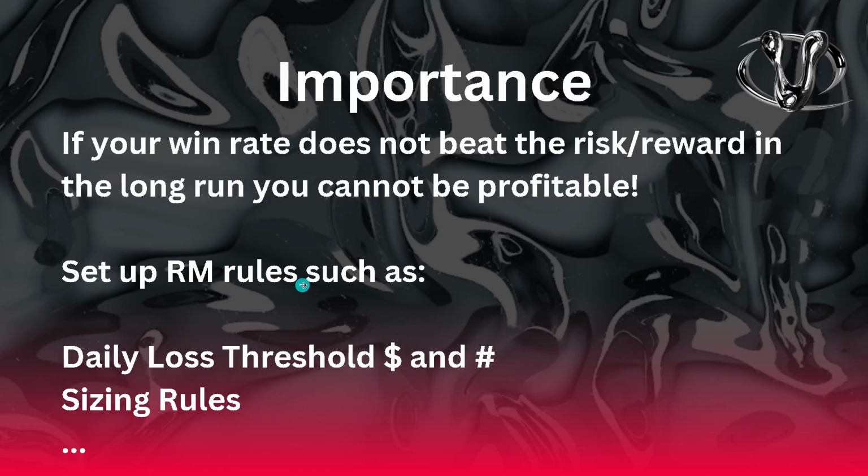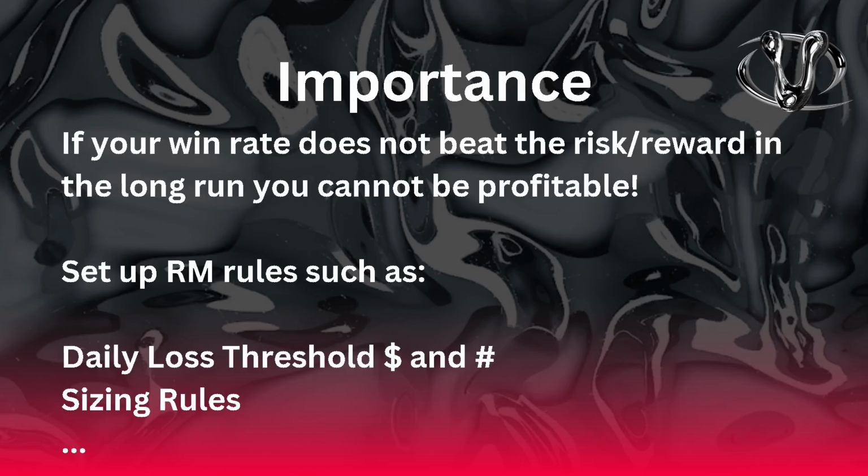Individuals should set up risk management rules such as a daily loss threshold and how many losses they can take before they end the day. To give an example of this, an individual might say they want to end the day once they lose $300, or after they've taken 2 losing trades, they end the day. Something of that sort.